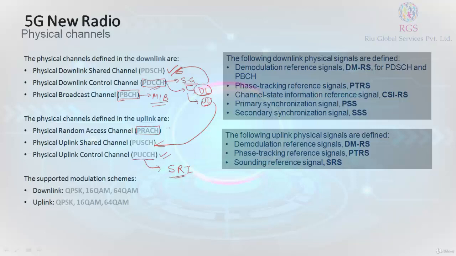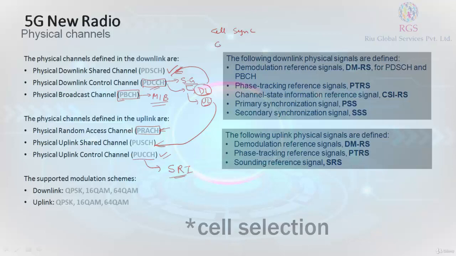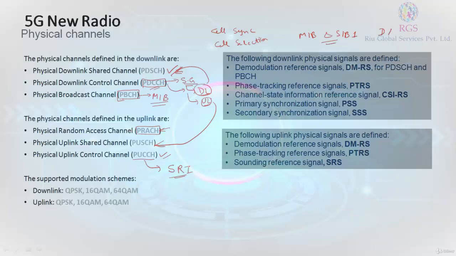Then we have another channel called PRACH, physical random access channel. This channel is basically used to access the network, because before you access the network, you perform cell synchronization, you perform cell selection, you start reading MIB and SIB1, etc. All these things are happening in the downlink direction.